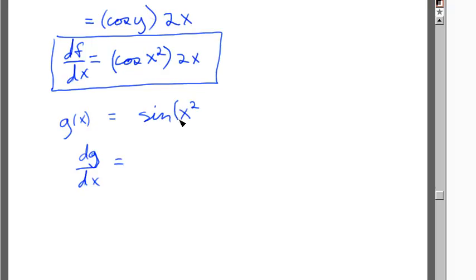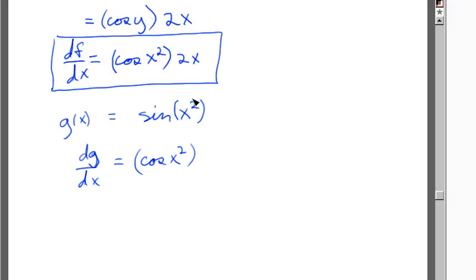I can look at this. This is the sine of an argument. The argument is what you're taking the sine of. And I can say that's just the argument we called y before. So taking the derivative of the sine with respect to the argument is taking the derivative of the sine with respect to y. Just look at this as the sine of y, and that would just be the cosine of y, or the cosine of the argument. So I just have the cosine of x squared.